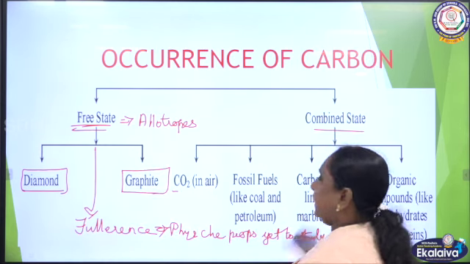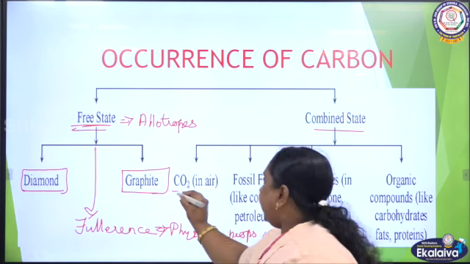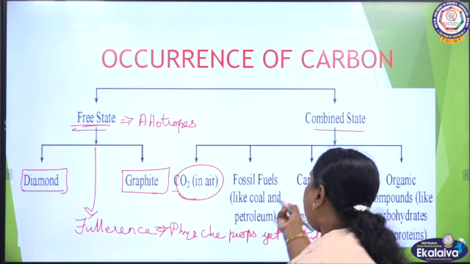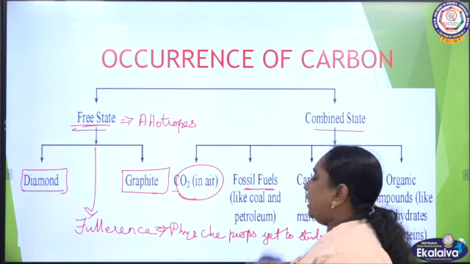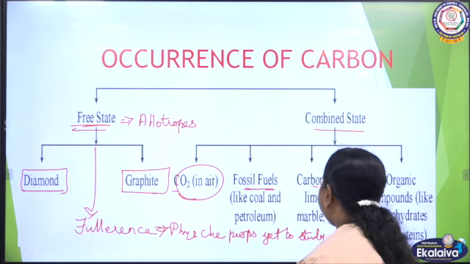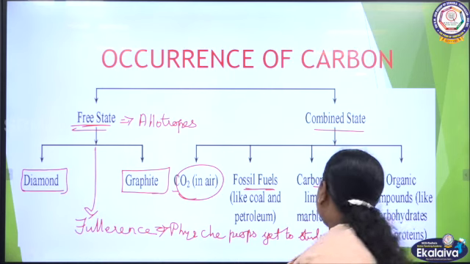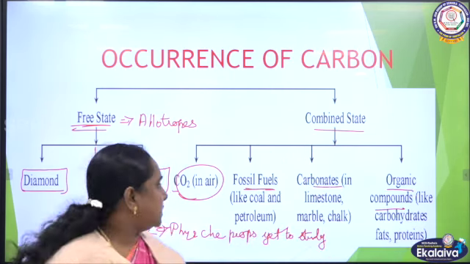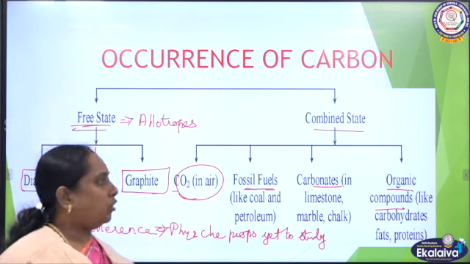In the combined state, carbon is available in air, that means in the atmosphere, as carbon dioxide. And in the earth's crust, it is available as fossil fuels, carbonates along with the metals, and then organic compounds, that means in living organisms like fat, protein, minerals, all that.